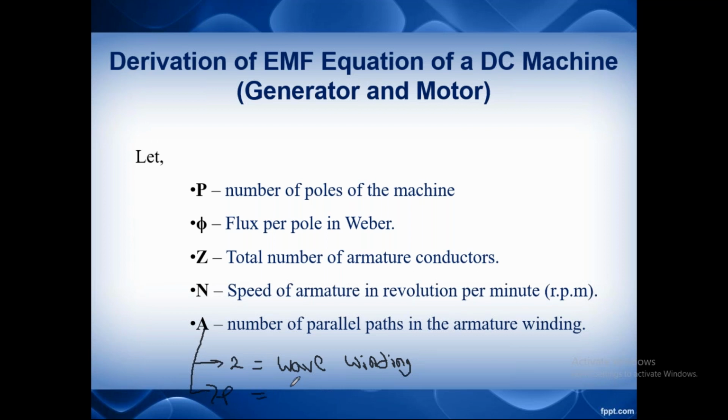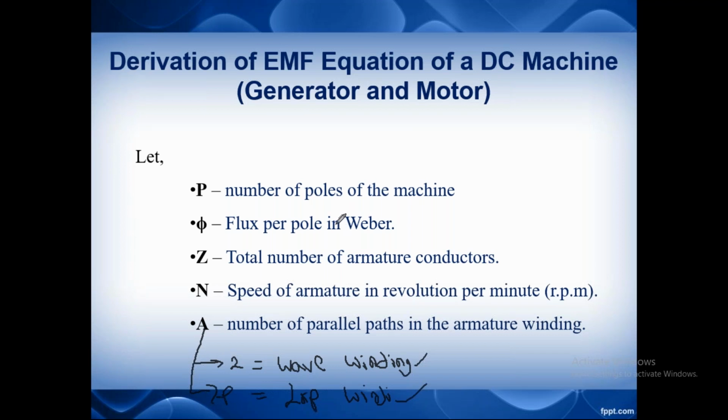When the armature winding is in the form of lap winding, then we assume that A equals P. Here P is the number of poles, 2, 4, 6, whatever it may be, given in the problem. So for wave winding, A equals 2, and for lap winding, A equals P.